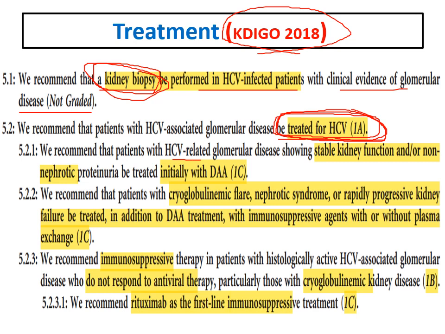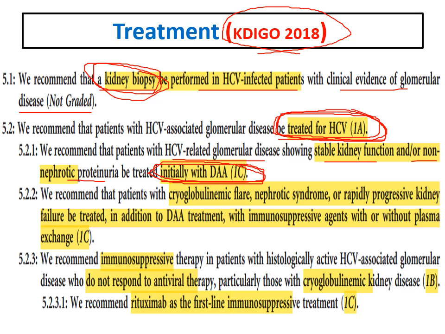Patients with HCV related glomerular disease with stable kidney function and or non-nephrotic proteinuria should be initially treated with direct antiviral drugs. So if the kidney affection is not that severe, or with stable kidney function or non-nephrotic proteinuria, the main treatment should be against the virus with direct antiviral agents.